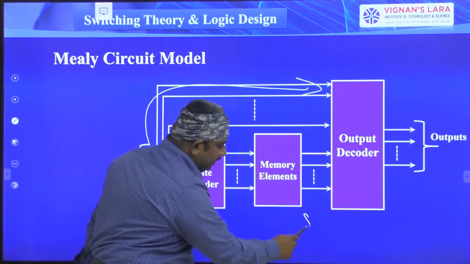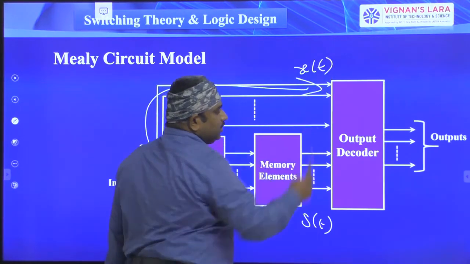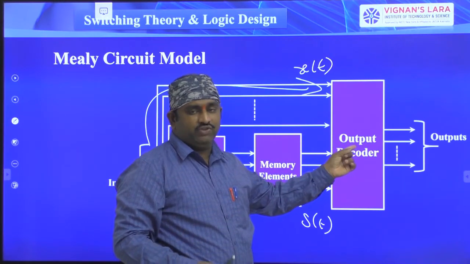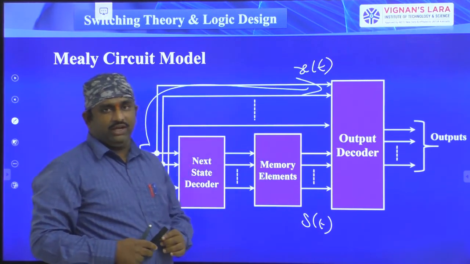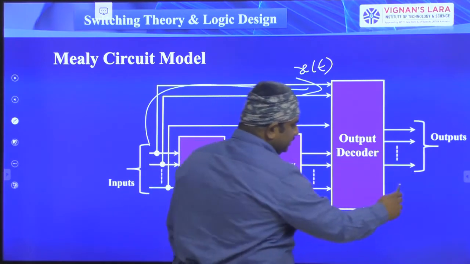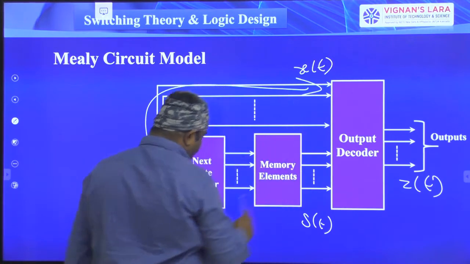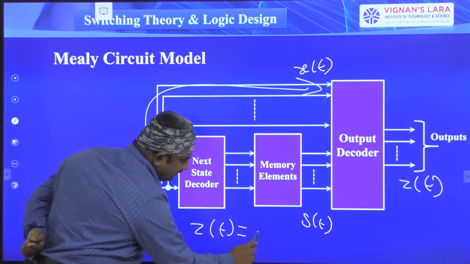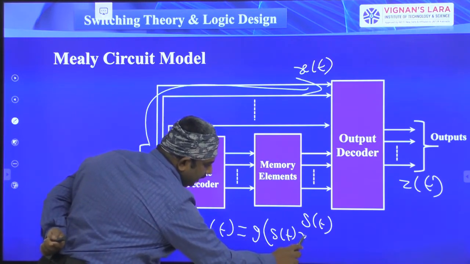So these are S of t and this is X of t. So the output Z of t of this Mealy model circuit diagram depends upon X of t and S of t. So here you have to take the output as Z of t, where Z of t is equal to some function of S of t comma X of t.